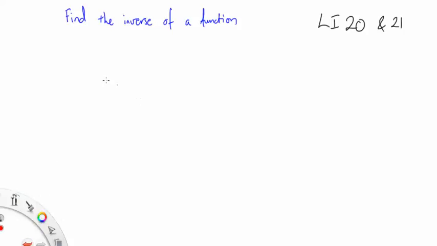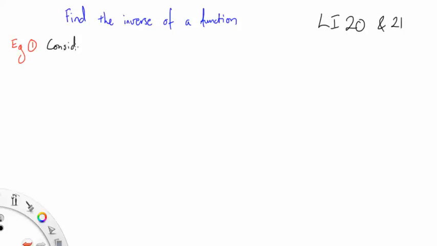So in the first example, I'm going to ignore some things and just show you the process so you can recall what to do. And then in the second example, I'm going to go over what I ignored and show you all the details.